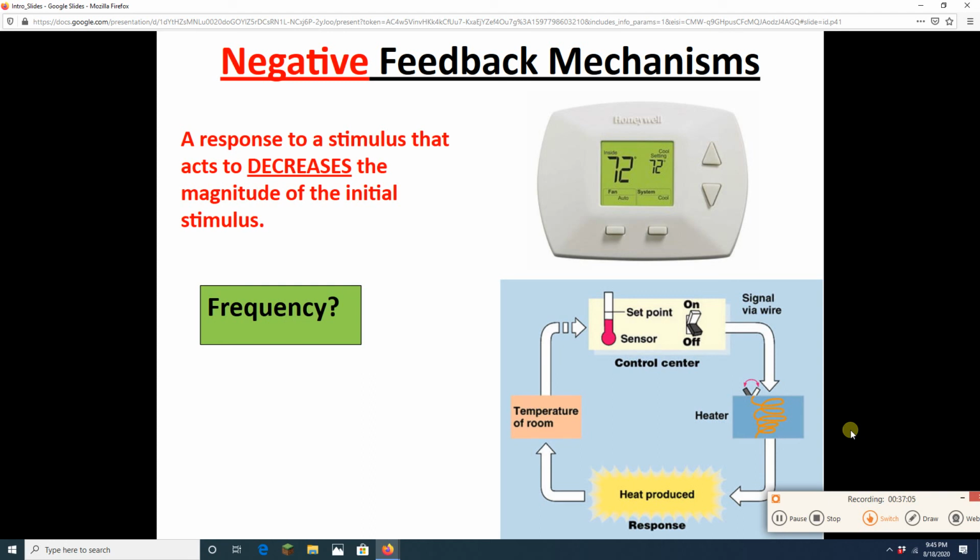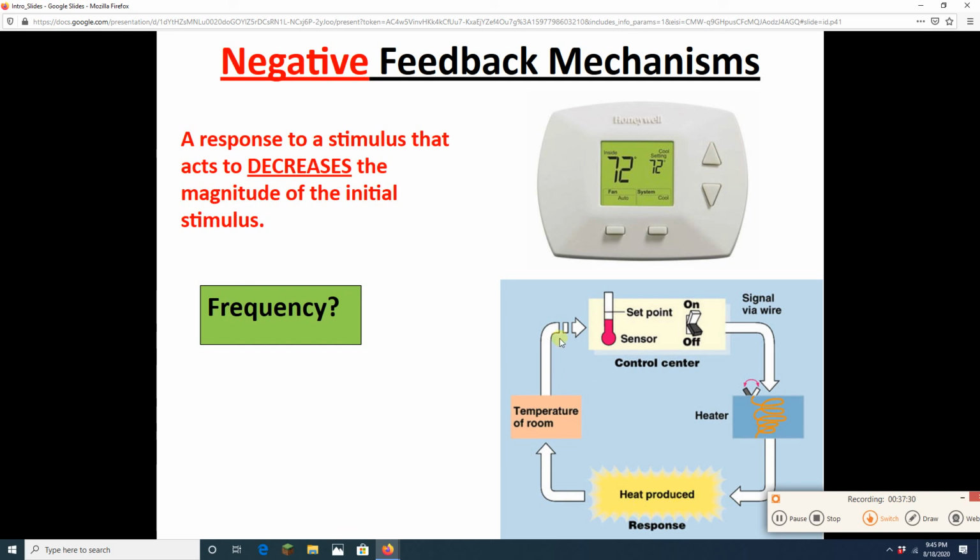If you set the temperature on your thermostat, you say, hey, I want it to be 72 degrees in here. If the temperature drops to 71, all of a sudden our variable has changed. A receptor will detect that and send a signal to the heater. The heater will turn on, produce heat, and the temperature goes back up.